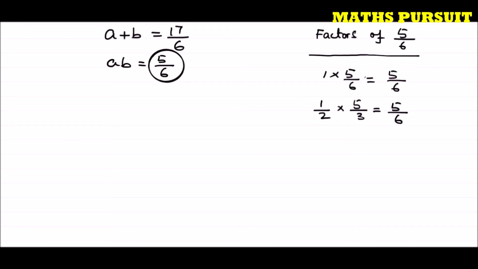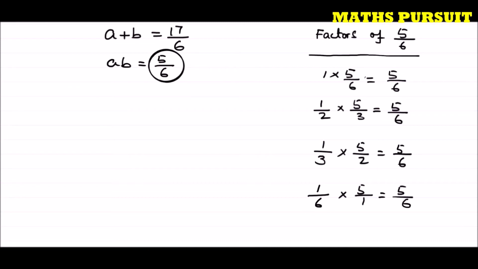So 1 into 5 upon 6, 1 by 2 into 5 upon 3. Again I can consider 1 upon 3 into 5 upon 2, which is 5 upon 6. And also I can take 1 upon 6 into 5 upon 1, which is 5 upon 6. So these are the factors that we got.